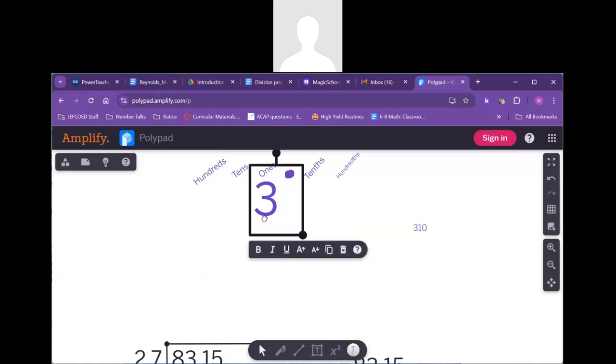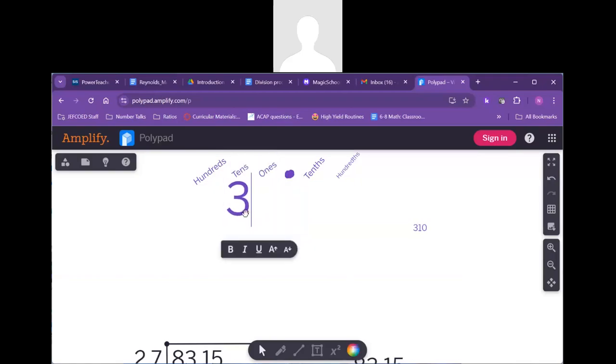If I multiply it by 10 once, it is 10 times greater. But 10 times greater than 10 times is 100 times greater.